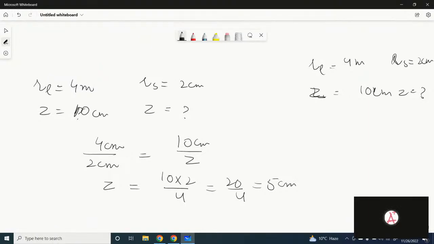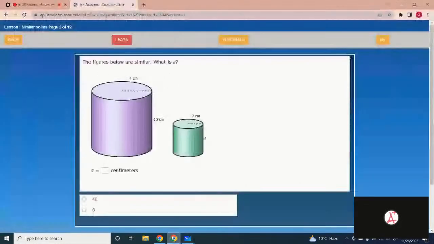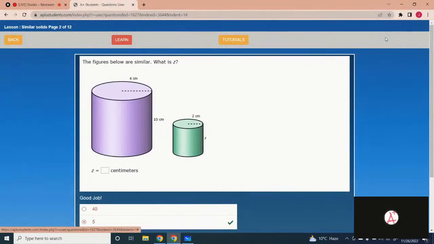That means the length of the missing side is 5 centimeters. Just select the correct option and click on the OK button.